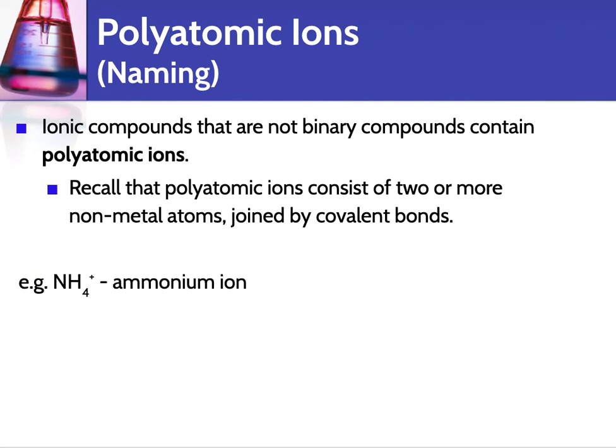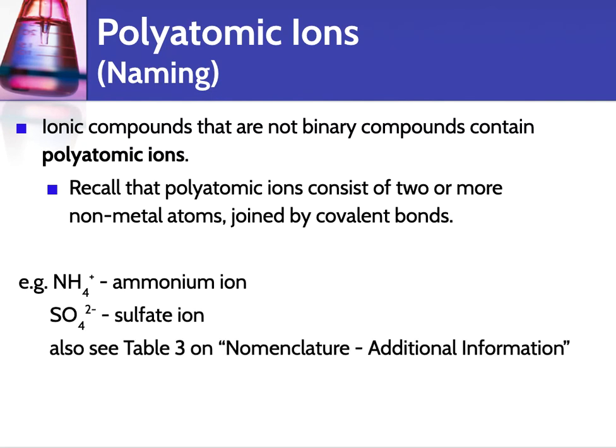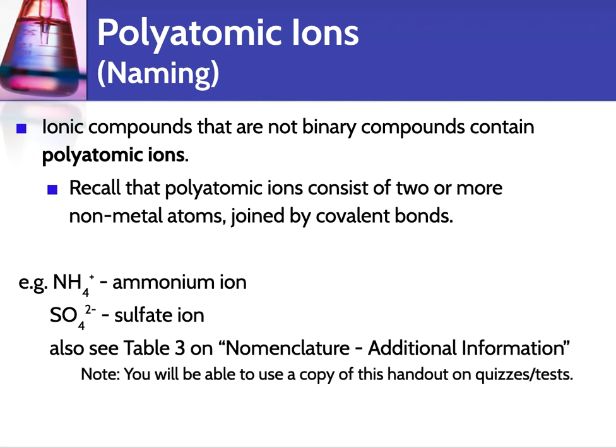An example, NH4+ is the ammonium ion, SO4 2- is the sulfate ion, and so on your additional information page, most of the common polyatomic ions are given to you in table 3. So that additional information page you will have available to you pretty much all the time.